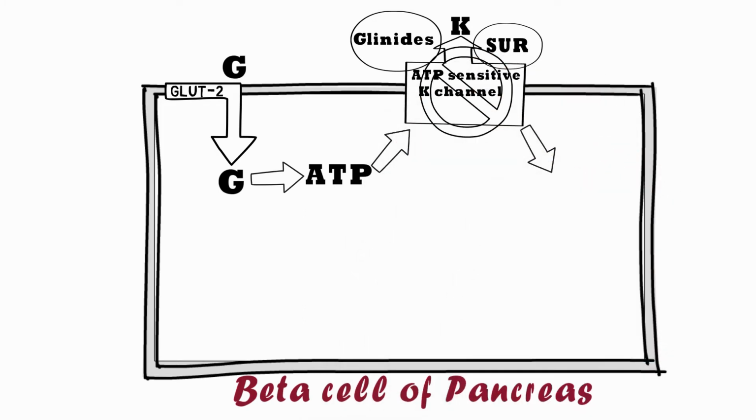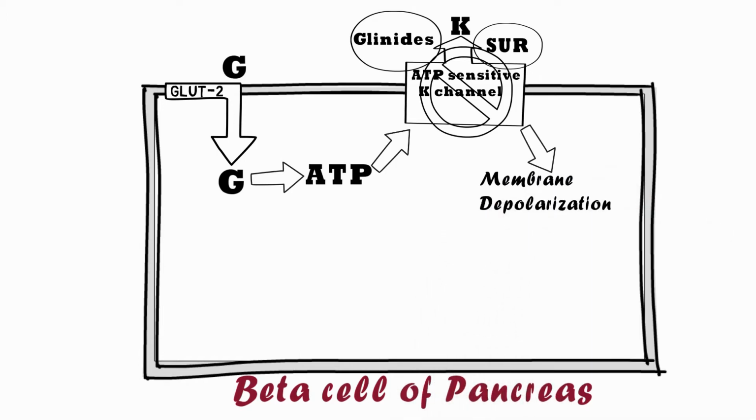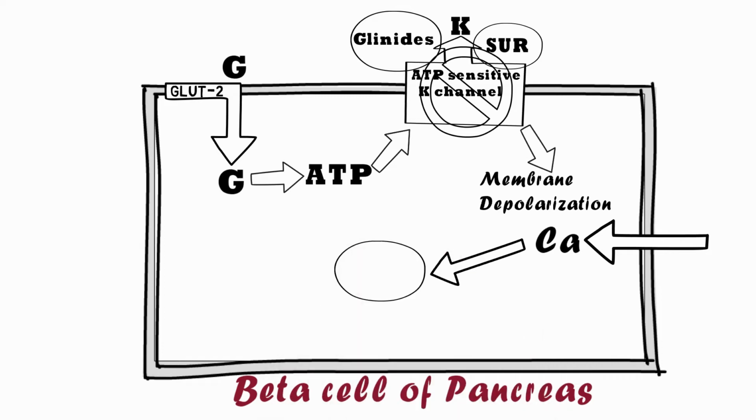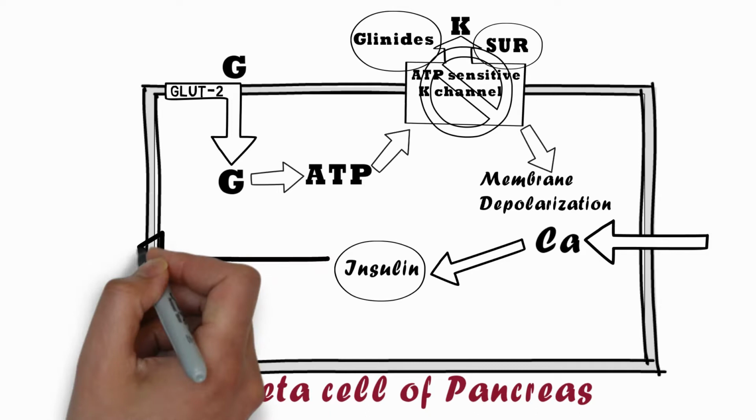This results in membrane depolarization and opening of voltage mediated calcium channels in the cell. This causes calcium influx into the cell, which mediates exocytosis of insulin filled vesicles out from the beta cells and subsequent release of insulin from the cell.